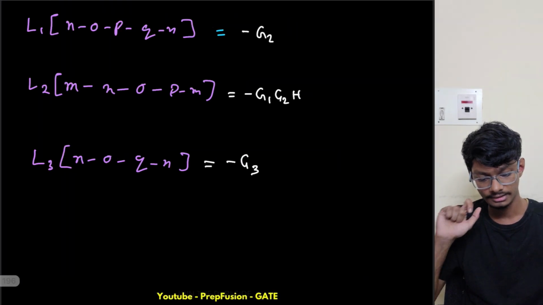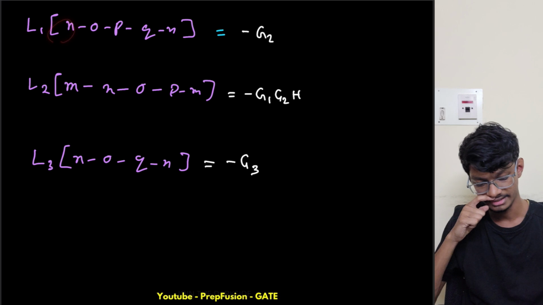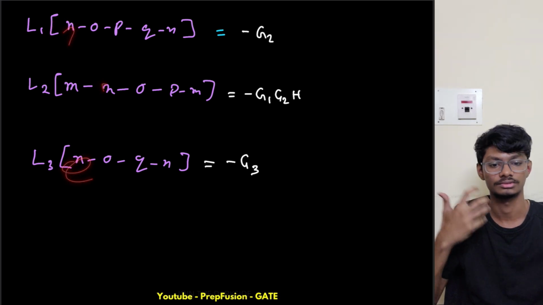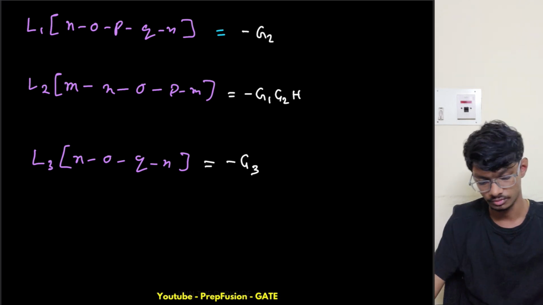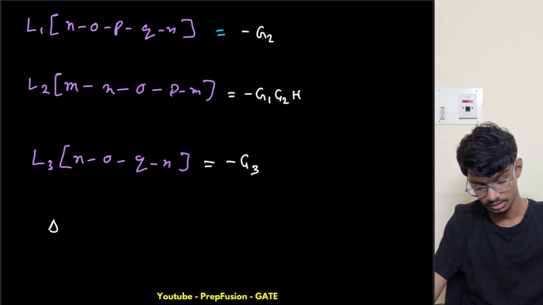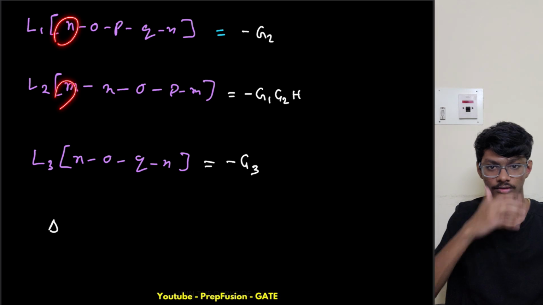So are there non-touching loops? Are there nodes which are not common? I can see N is common in all of these, so there aren't any non-touching loops. The number of non-touching loops is 0, so I can directly find the determinant. You can find this common node in seconds.